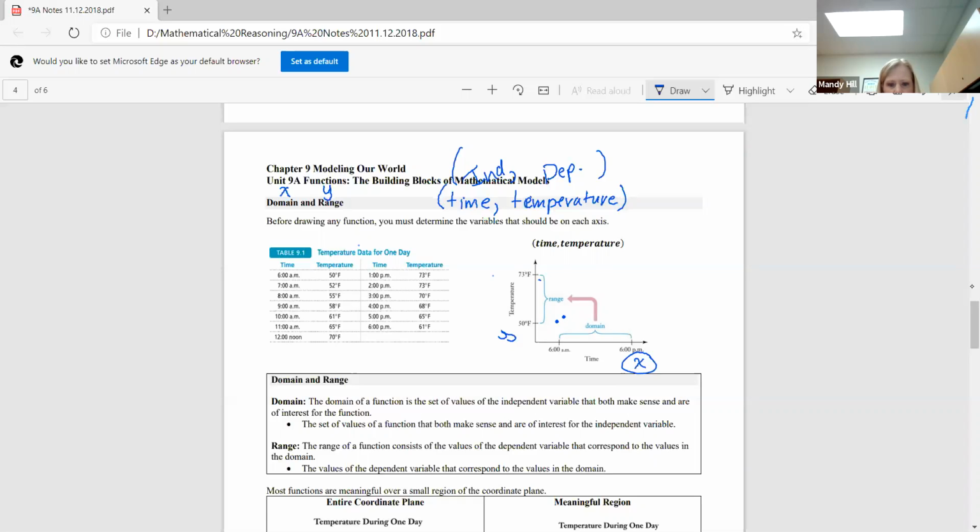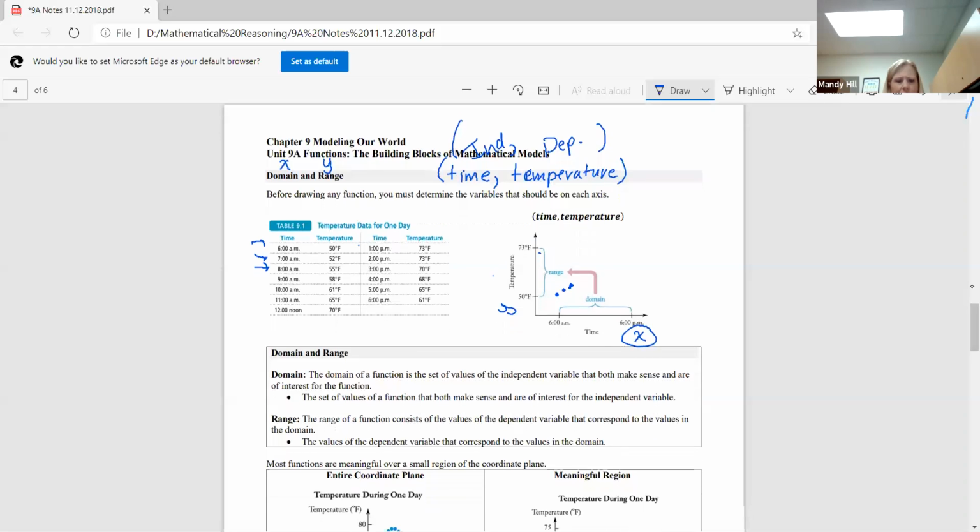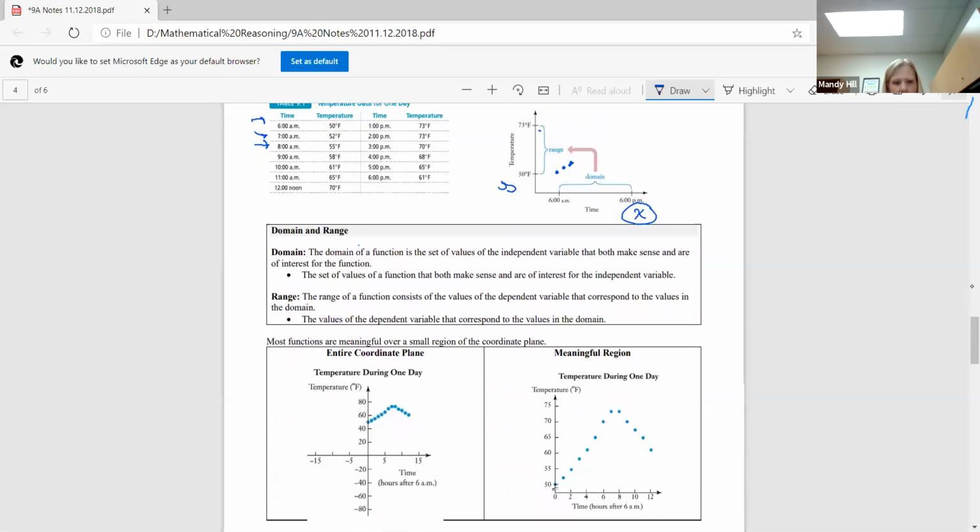At 8, I would go up a little bit more to 55. These would all be coordinates that I'm plotting. We could finish plotting all these points and see if there's any kind of relationship on our graph. And that's what they've got down here.